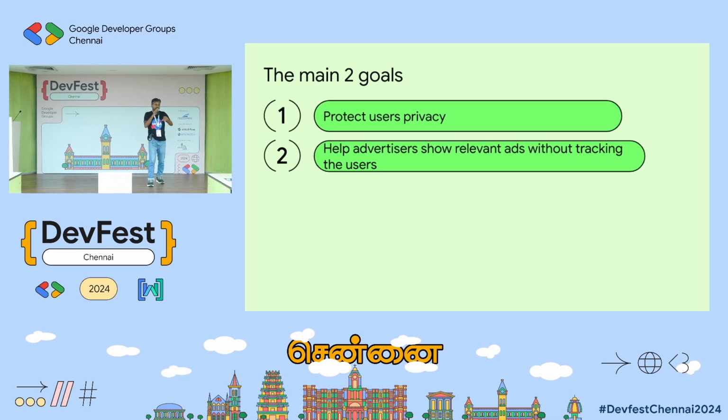This is also one of the popular models. So just showing you ads and tracking whether you have clicked on that advertisement is another part to be solved. All of these things have to be solved, keeping the user's privacy in mind.